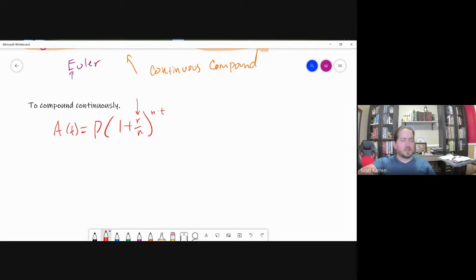To continuously compound, they would call it, I think, still A of t, but then they have P times all of this junk right in here. If I'm allowing n to run off to infinity, it ends up being e raised to the r times t power.